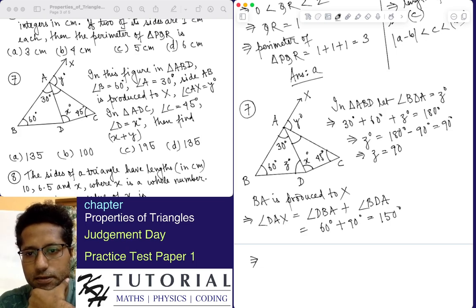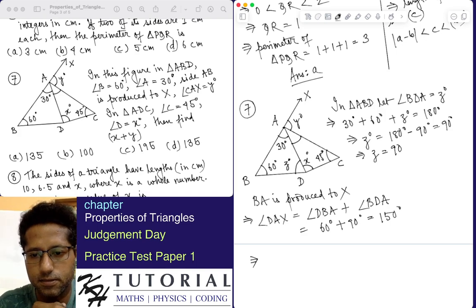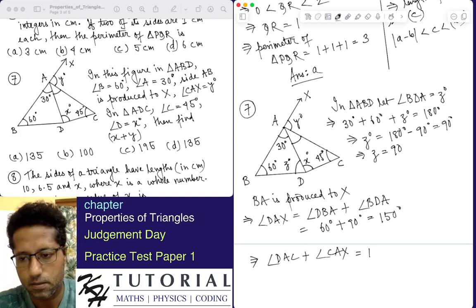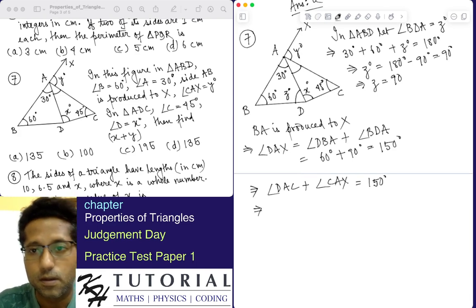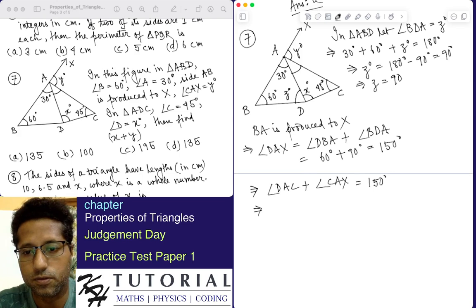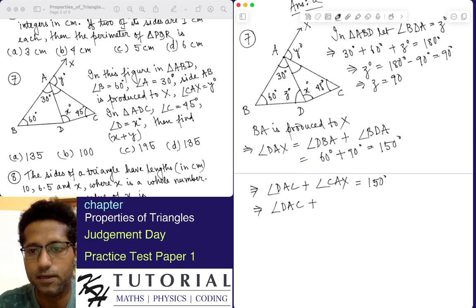Now what is DAX? DAX is angle DAC plus angle CAX, which is equal to 150 degree. Now we need to find angle DAC.